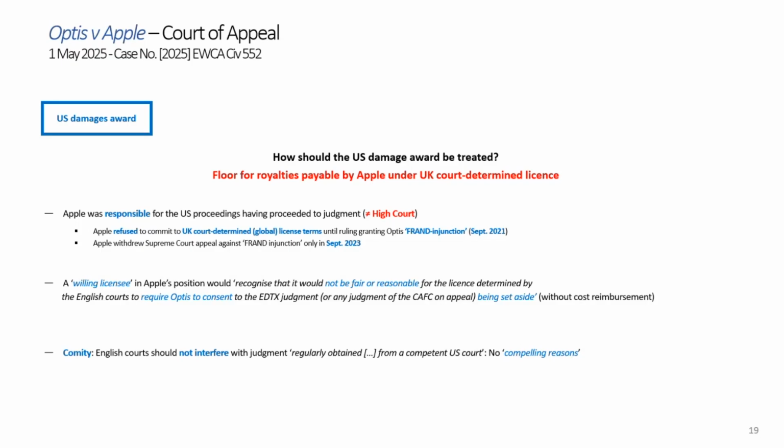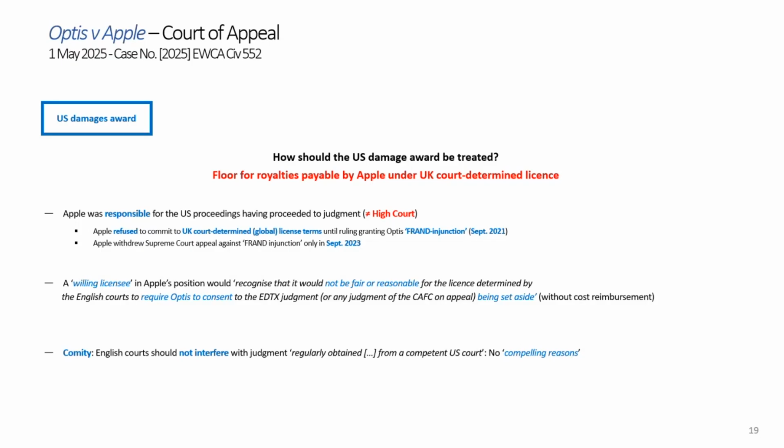So considering that, the court saw that it was not unreasonable for Optis to keep the proceedings in the US alive and to seek damages there, because again, until September 2023, it was not clear that Apple would accept the UK court determination.